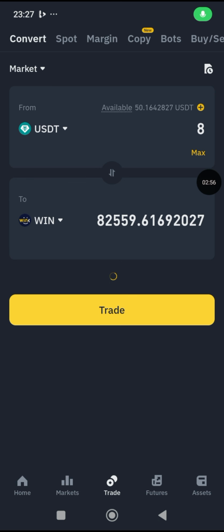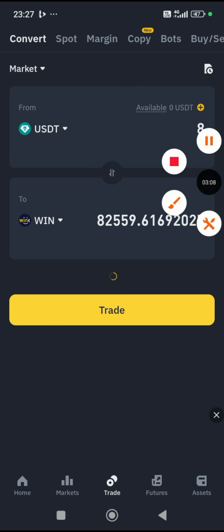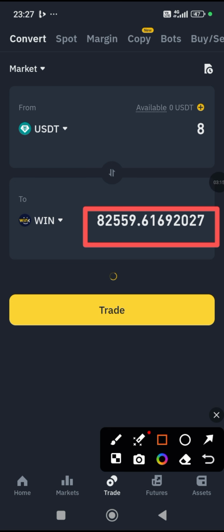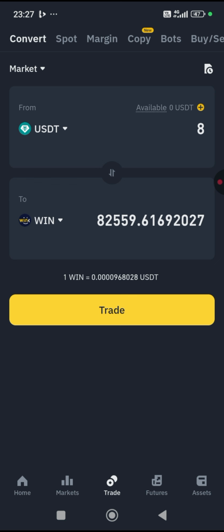So now you can see that $8 of USDT gives us around 82,559 WIN, because WIN is a cryptocurrency whose price is far less than $1.